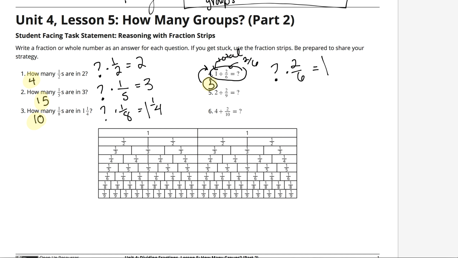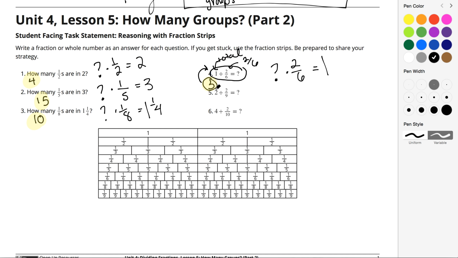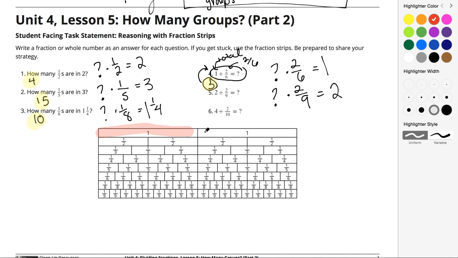I'm just going to highlight these answers because it's getting a little hard to find them. Okay, same thing for question 5. It says 2. So you have a total of 2. You're going to split it into pieces the size of 2 ninths. How many do you have? I can phrase this as how many pieces the size of 2 ninths fit into 2. Here's 1 whole.